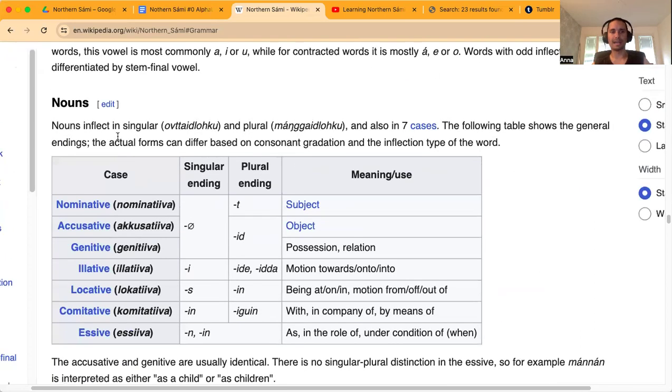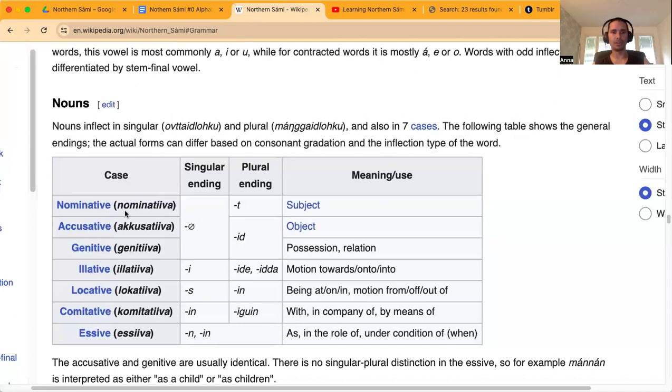I think nouns have 7 different cases: nominative, accusative, genitive, illative, locative, comitative, and essive, which is much less than in Finnish, because we have 15, or was it 14? I think 15.